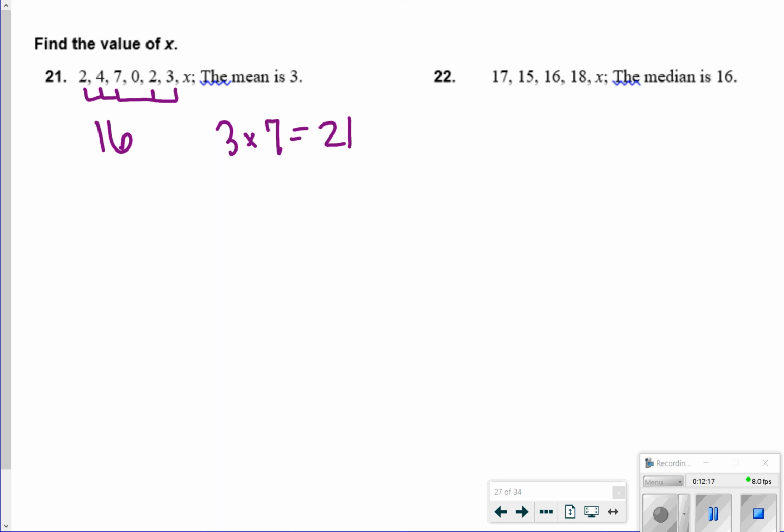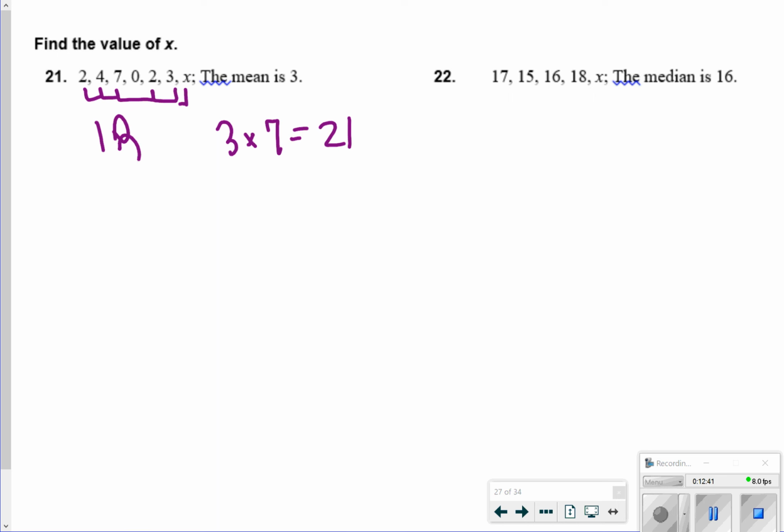And why I'm doing that is because I want to make sure that my mean is still 3. And if I have 7 numbers, that means I'm dividing a number by 7 to get 3, and the only indication of that would be 21. So I would just need to make sure that whatever I added together would equal that.